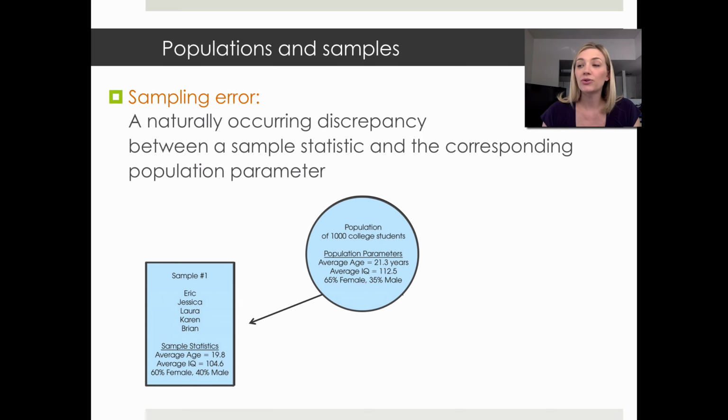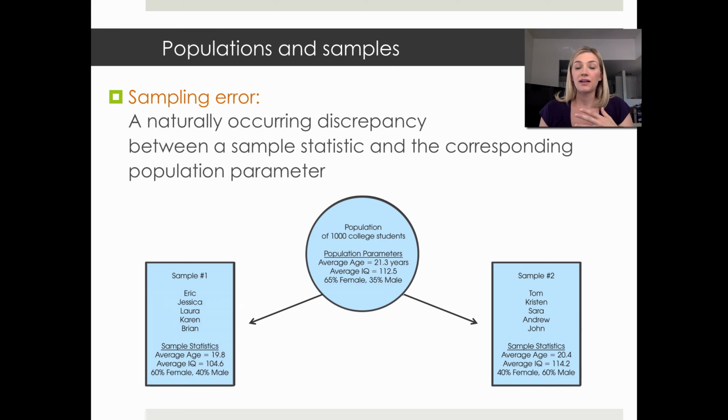And the average IQ is 104.6, not 112.5. And the sex breakdown is 60-40 instead of 65-35. So even though this sample was randomly drawn from the population, odds are it's not going to have exactly the same numbers as the population parameters. And we could do it again.